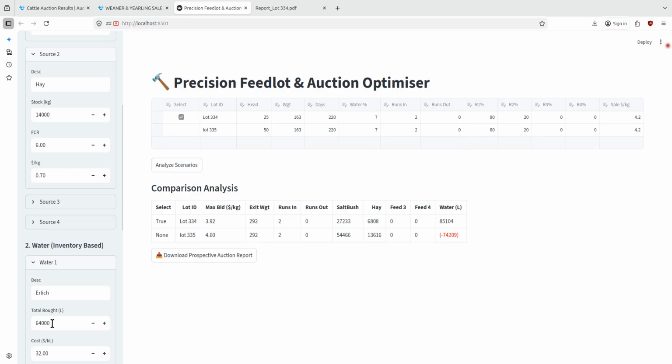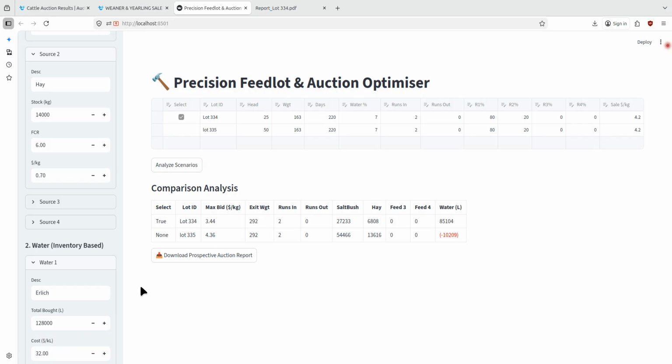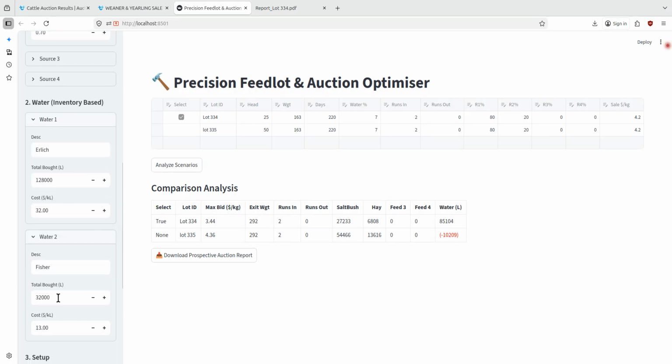So what if I get another truck? 2 trucks would be 128,000. Still going to be short, and then I'll need to go get some more myself, so that'll be 45,000 to be safe. That'll give me enough water for that one.